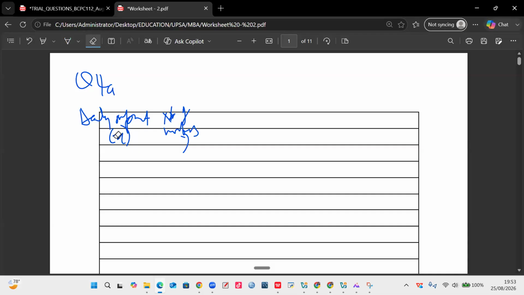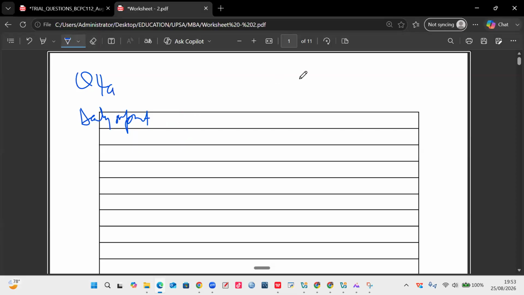But this X here is not a straightforward X we should use. So you can say daily outputs, class intervals. Then we'll say F. The F represents the number of workers.